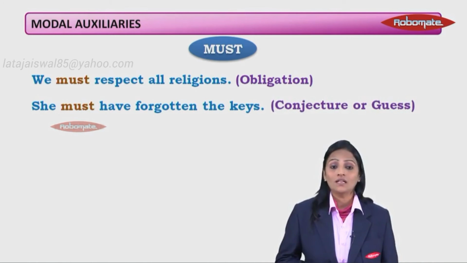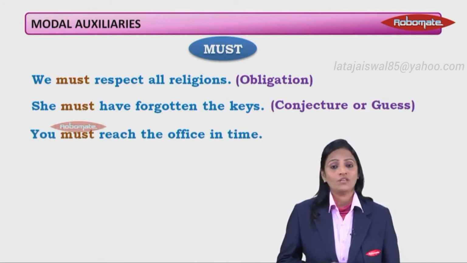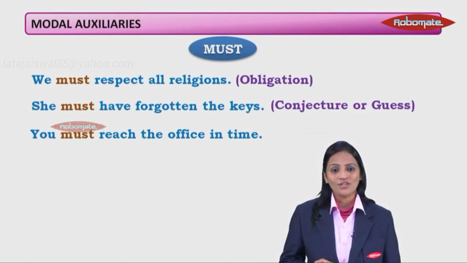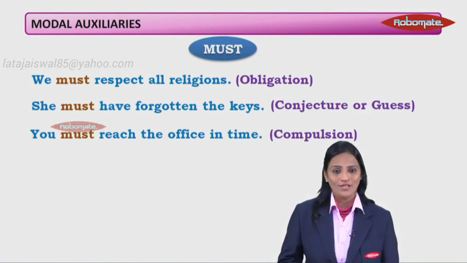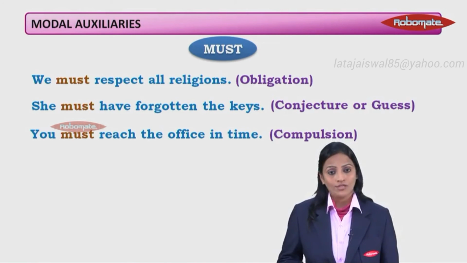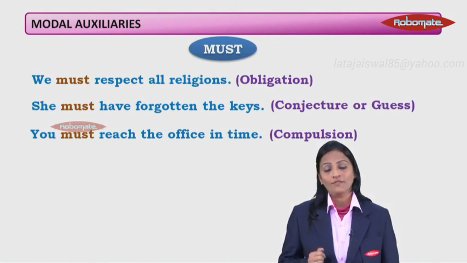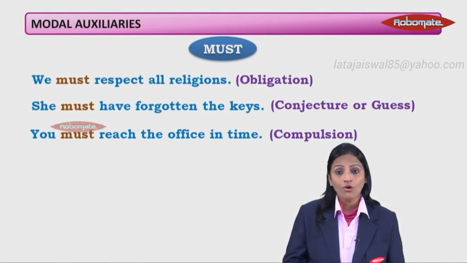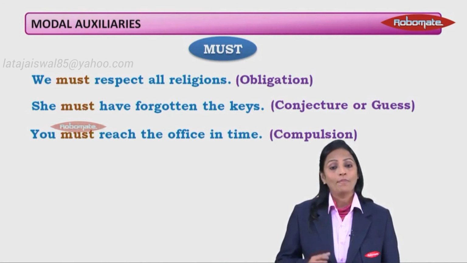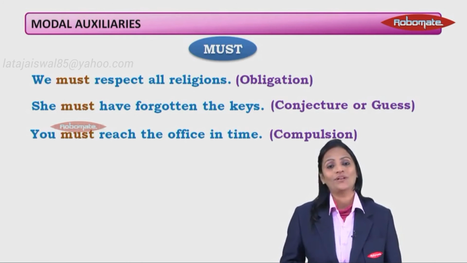So it is a conjecture or a guess. You must reach the office in time. Now students, here this is not an obligation, this is compulsion. So whenever you have to use a modal auxiliary, always for compulsion you should stick to must. But for obligation you can use should or you can use the other one that we are going to do a little later, ought to. But when it comes to guess or compulsion, surely it's only must.